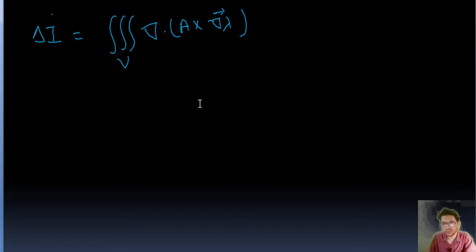Now we have this divergence, so we can use the divergence theorem, because we have divergence of A cross gradient of lambda, and this is d cube x. We know the divergence theorem is used for converting volume integral into surface integral and surface integral into volume integral.